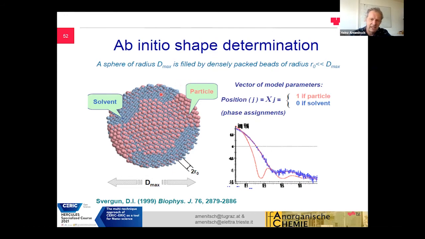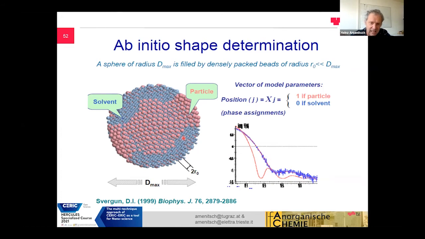The trick is there: from the pair distance distribution function, you can calculate from the scattering data a maximum dimension of the particle. In the first instance, you fill everything. The whole volume is the particle. When you try to fit the data, you get a very strong difference compared to the experimental data.